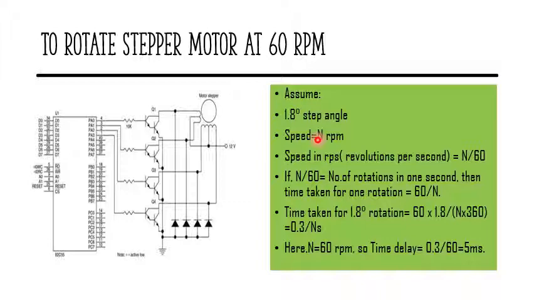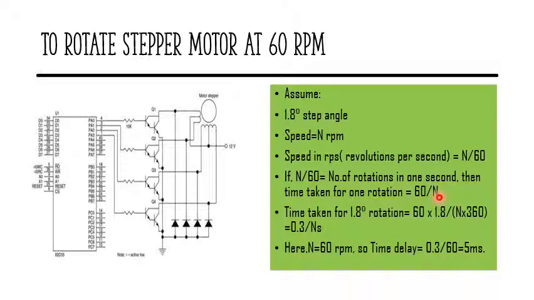Then the speed in RPS, that is revolutions per second, is n by 60. If n by 60 is the number of rotations in 1 second, then the time taken for one rotation is 60 by n.